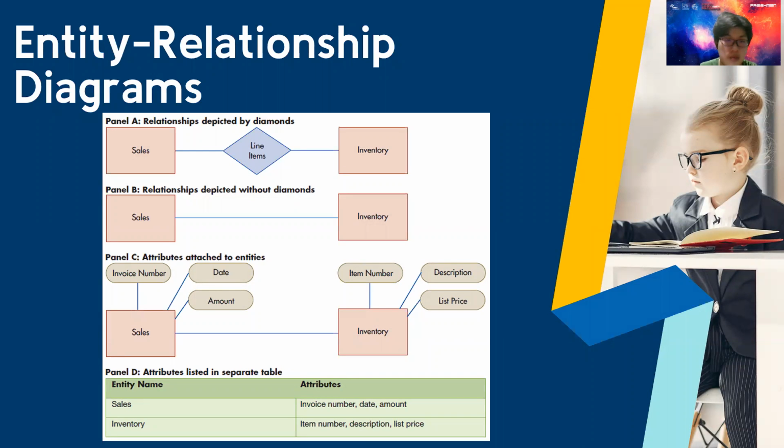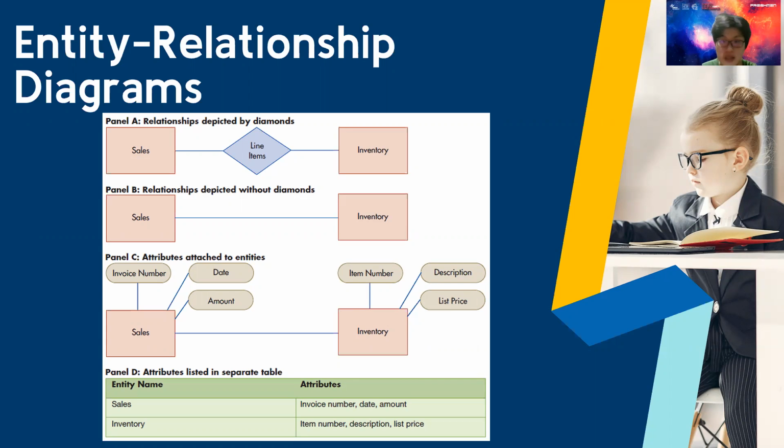Entity relationship diagram. Panel A is sales to item to inventory. Panel B, sales to inventory. Panel C, invoice number, date, amount to sales, sales to inventory, and inventory item to item number, description, and list price.